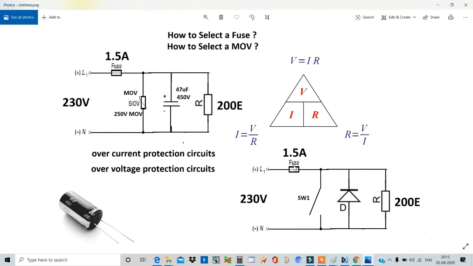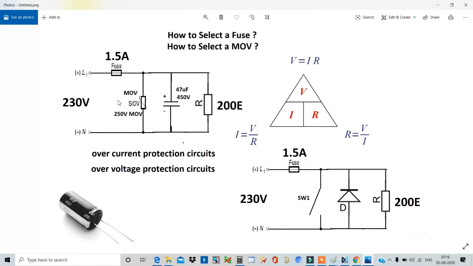So once the short circuit comes, the fuse I provided is 1.5 amps. Suddenly high current goes through the fuse. The fuse will get damaged, and however much voltage you are giving, the voltage will never go to your circuit. Correct now, friends?